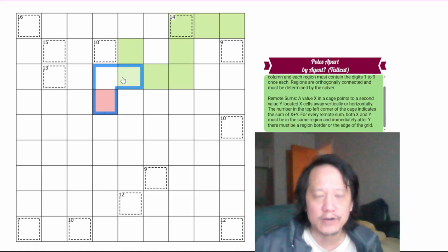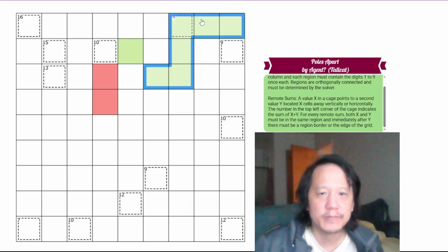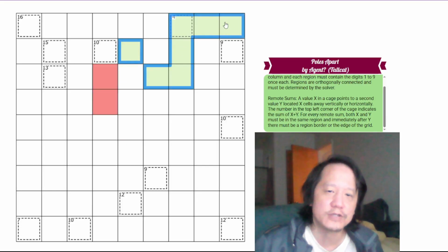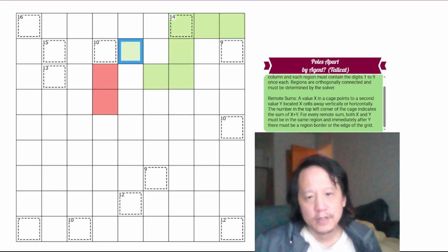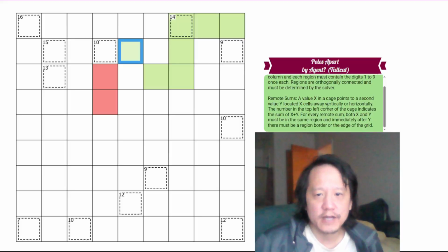In addition, for another example, this is also not valid, for multiple reasons, because this cell can't get to any other cell in the region by going through edges while staying within the region. These two cells can go to each other by going through edges, but it cannot go to any other cell in the region that way. Anyways, those are examples of how chaos construction and regions that must be orthogonally connected work.